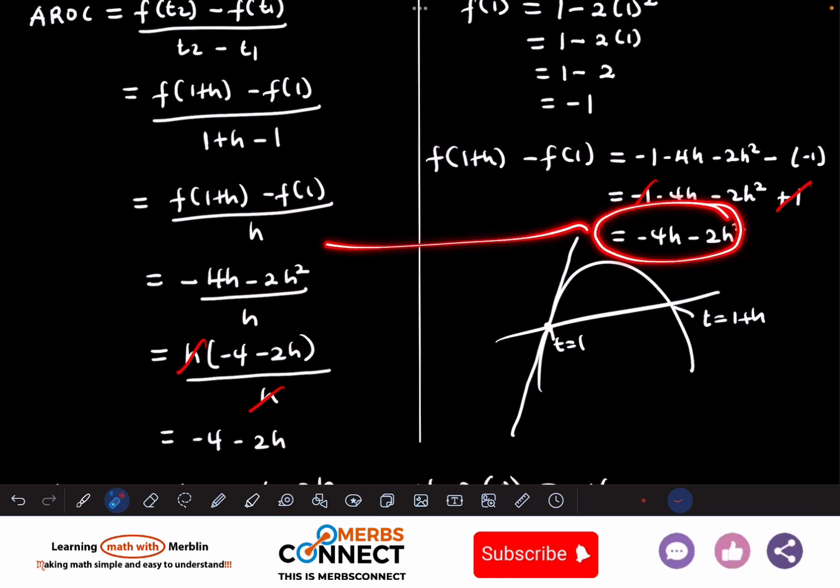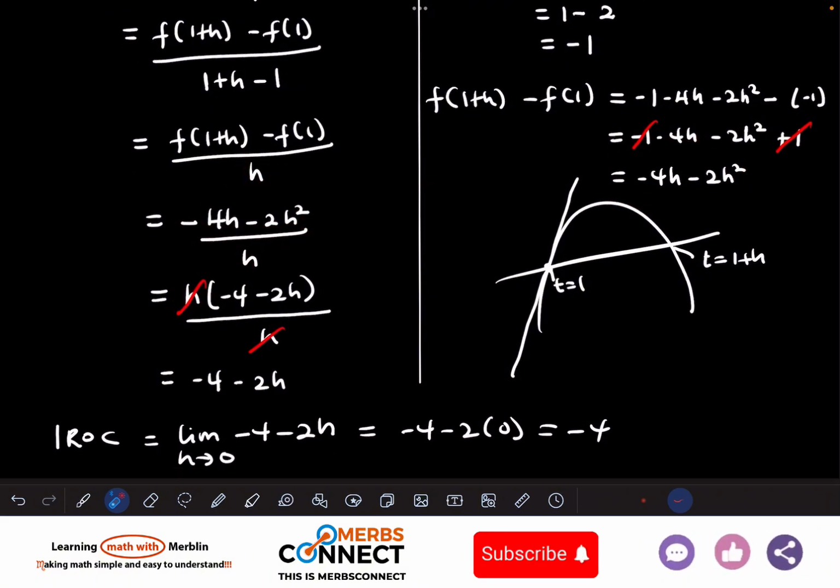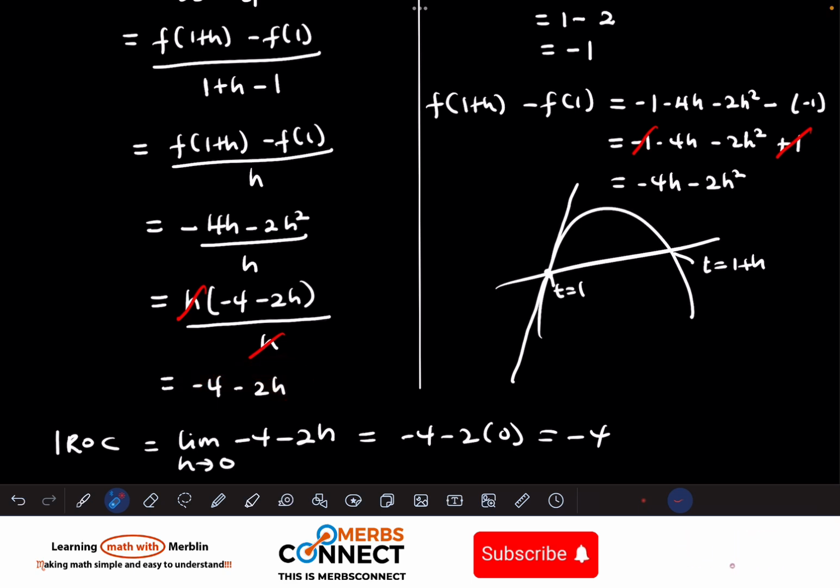So we brought this one here divided by the h, and we factored h out, h cancelled out, and we had this. And we said the instantaneous rate of change is the slope of the tangent line, which does not depend on h, right? So it means that h should get to 0, because this is when we are getting close to when t is equal to 1. And we plug in 0 and then we get -4.